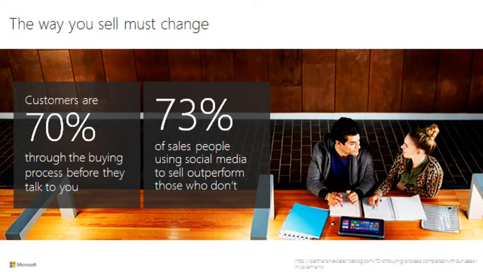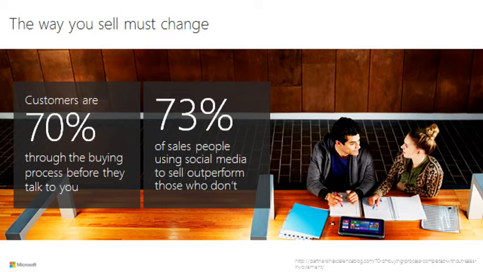Secondly, in terms of looking at the world of sales, we already know that customers are smarter, but if you look at the trends, what they show is that people are now 70% through the buying process before they actually make contact with the company that they're researching. And when they do reach out, they've more often than not formed some kind of hypothesis, and these have an impact on how we sell.